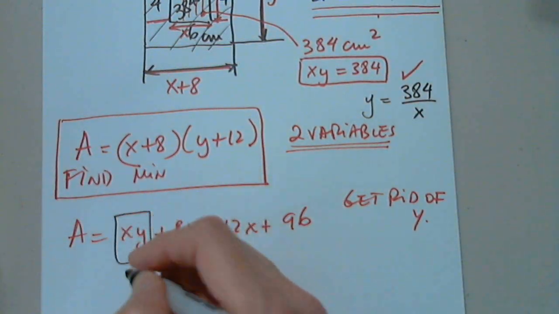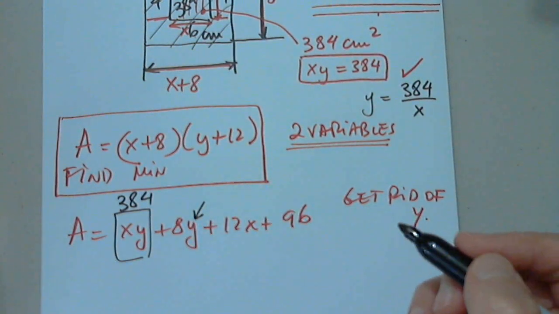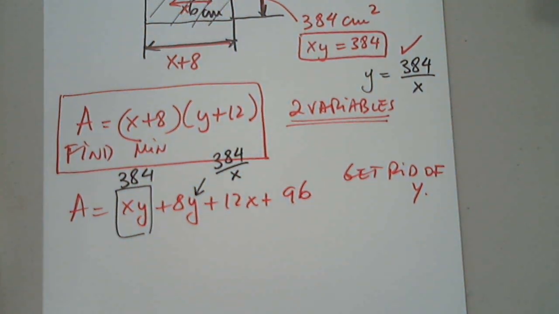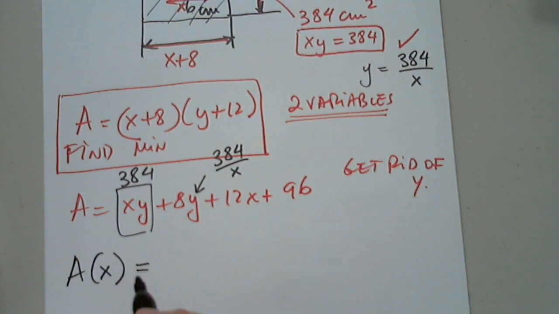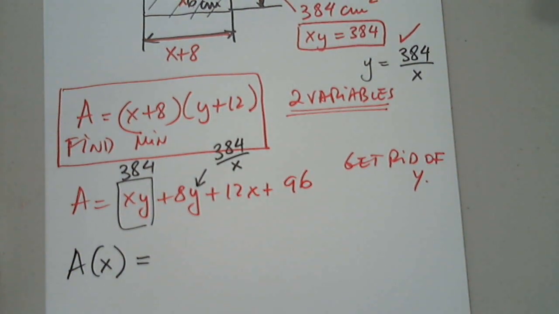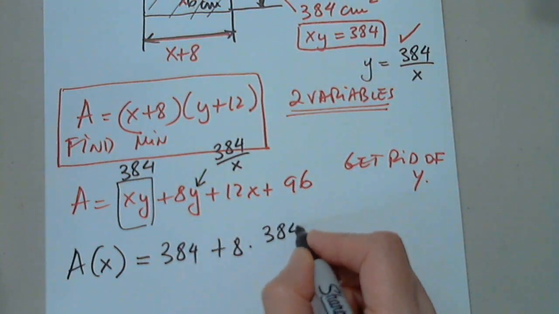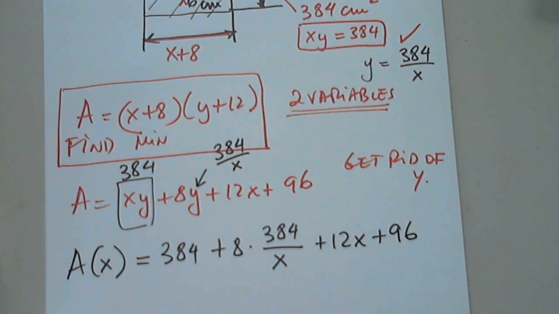Not here, because this is already 384, but definitely in here, because this will become 384 over x. And now I have a function that I can confidently say is a function of one variable, x. So this is 384 plus 8 times 384 over x plus 12x plus 96.